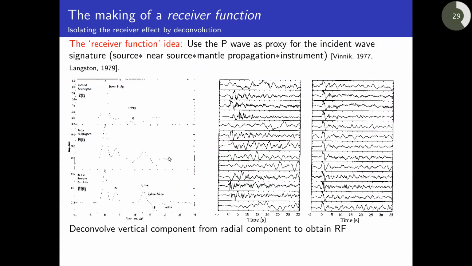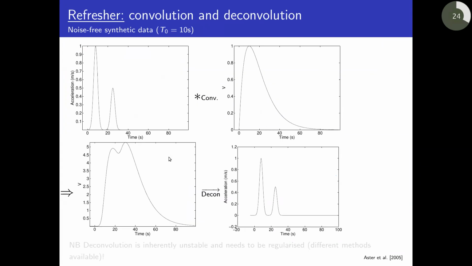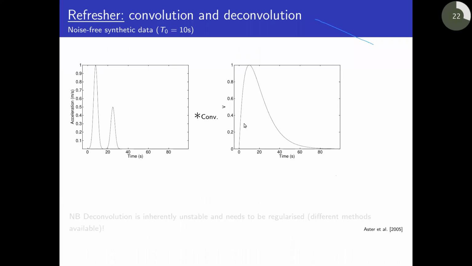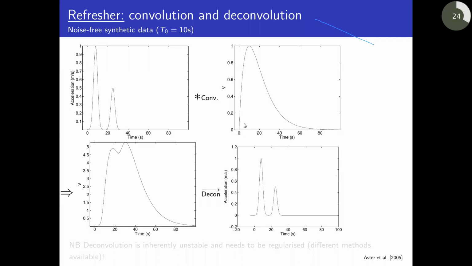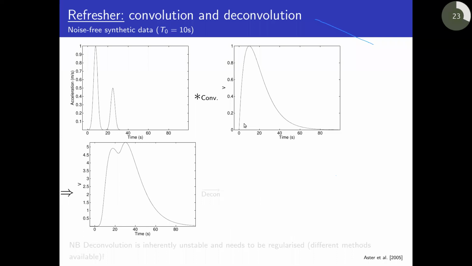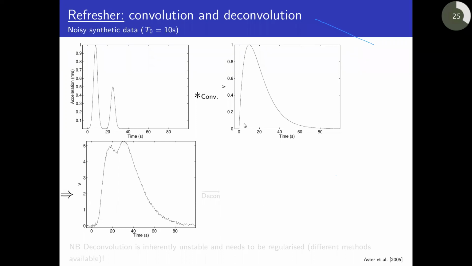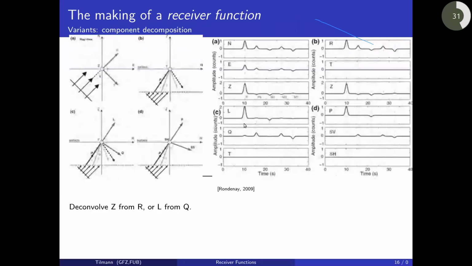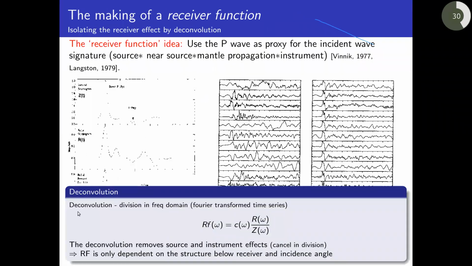So how do we go about these receiver functions? It's more of a convolution, deconvolution problem, because usually your horizontal and radial components will have the P and SV waves. So the technique for the receiver function is just a deconvolution.